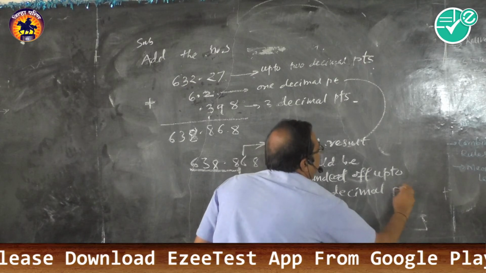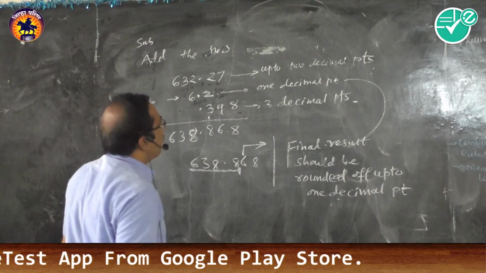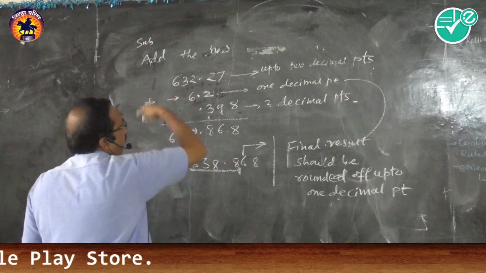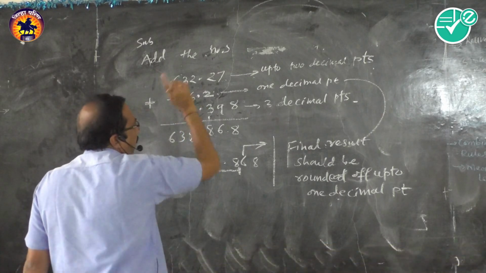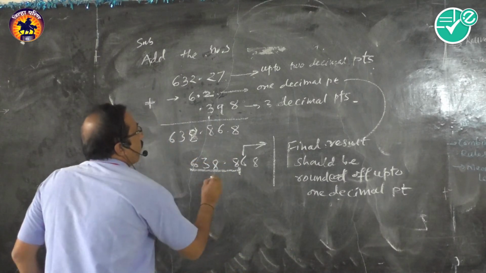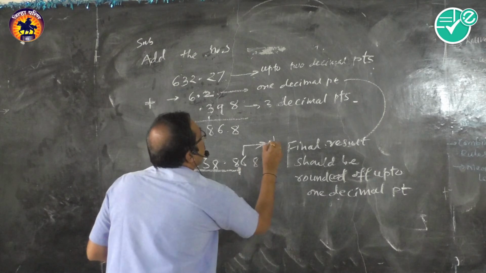Because in the given data, one of the numbers has only 1 decimal point, so this is accurate up to 1 decimal point. So the result should have the least number of decimal points. Therefore, this is to be rounded, and 6 is to be dropped.